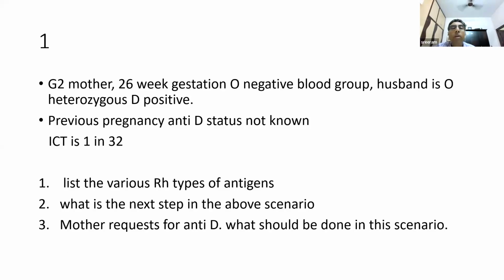Someone has written MCA PSV. Very good. So mother wants an anti-D. Is it useful? Should we give anti-D? No. Very good. Because already the ICT is positive, there is no point in giving an anti-D. Okay, let's move on to the next one.